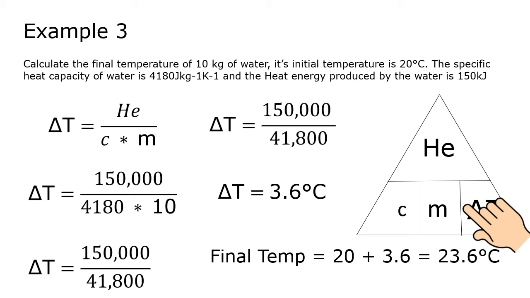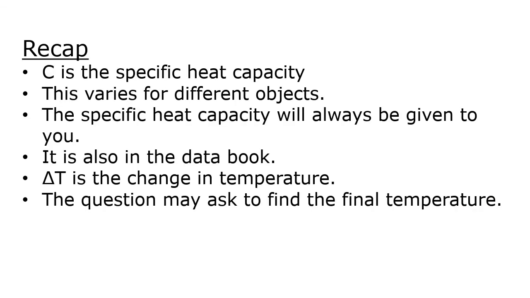Sometimes it might just say work out the change in temperature, and that's fine. But if it says final temperature, you need to be able to work it out like below. They might even not give you the initial temperature, and give you a final temperature and get you to work back and find the initial temperature. You'll be able to do that by taking your change in temperature and minusing it from the final temperature. So you just have to be wary when you look at the question for that one.